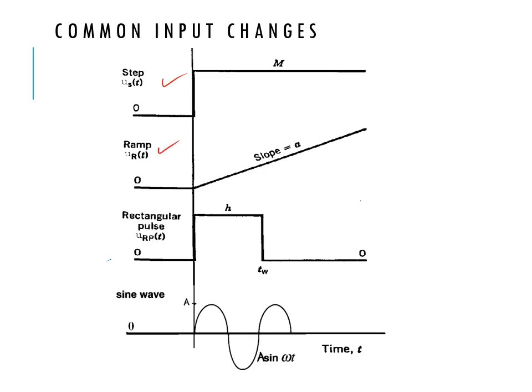The increment has a slope, the ramp type of input change. And then the rectangular pulse input, you can see this is the kind of pulse input change. And then the sine wave, the trend is like a sine chart.